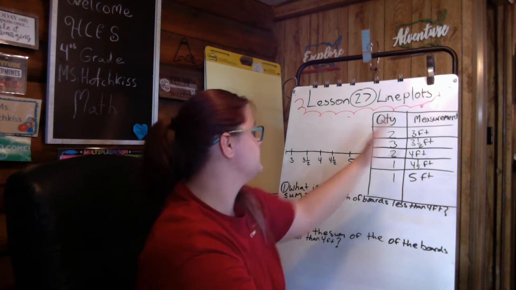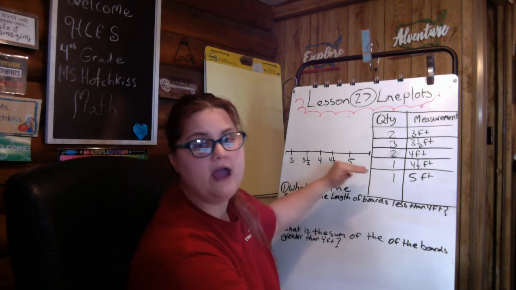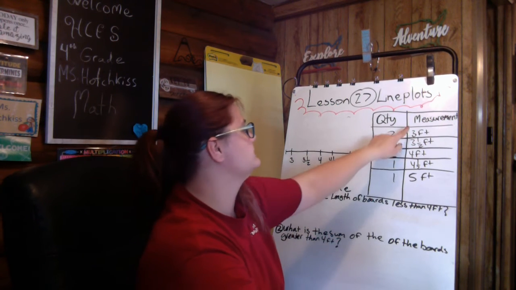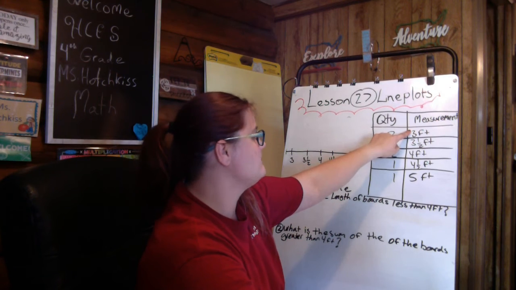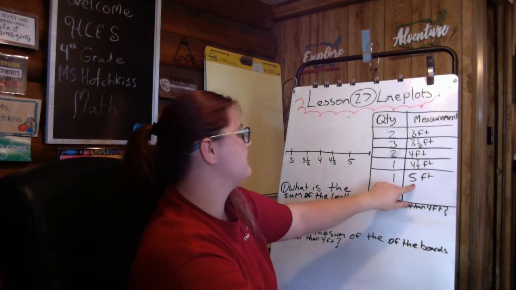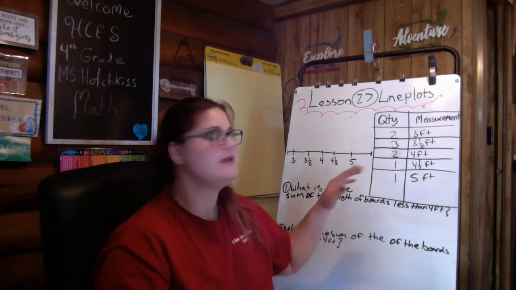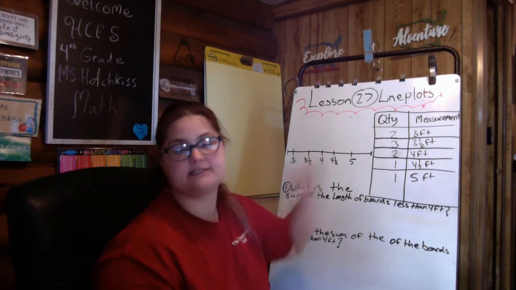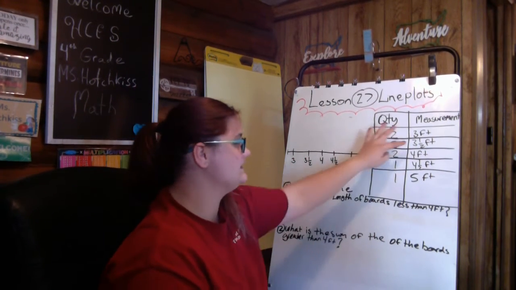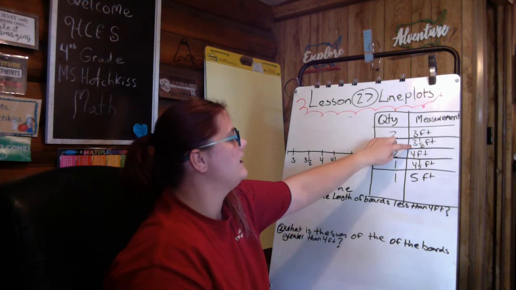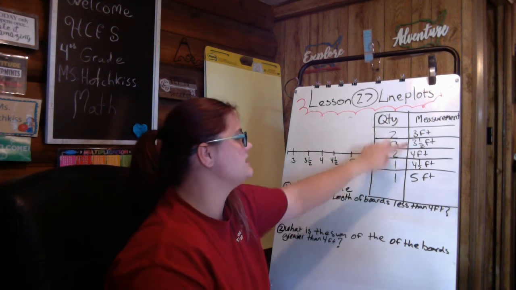We're going to use the measurement to figure out how we want to set up our number line. You'll see I already did it for us, starting with the smallest board. The smallest board is 3 feet, and the largest board is 5 feet. I knew I needed to have fractions in my line plot because some of my values had fractions in them. Since this data set only had halves, I didn't really have to change anything there.